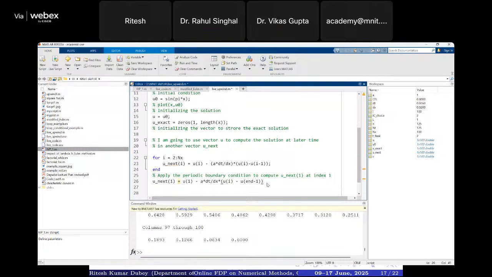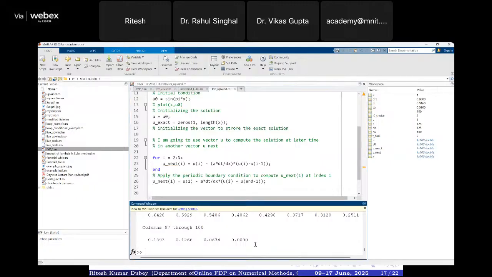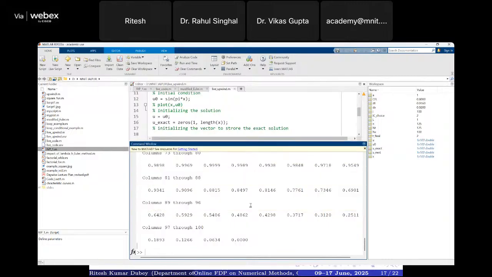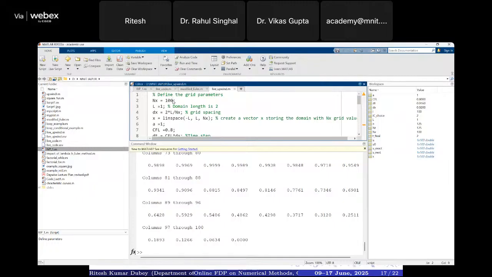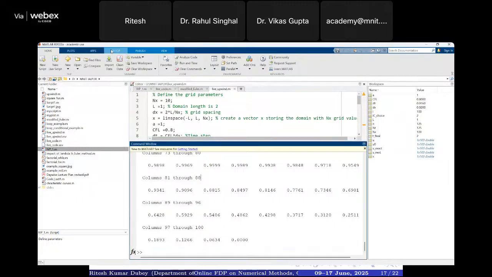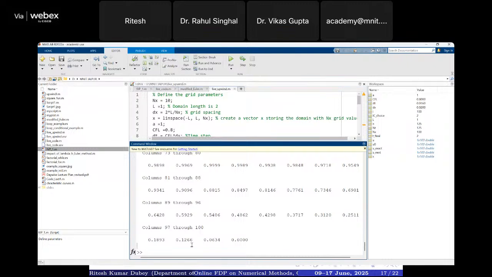Here I have used some property of MATLAB vectors, so let me explain that to you. u0 is given. I'll take a smaller value, 10, and then run this code.